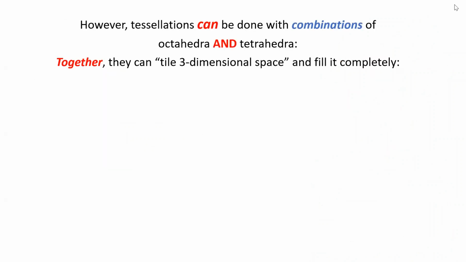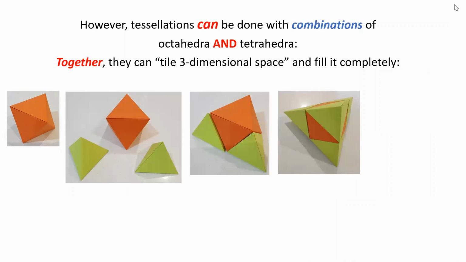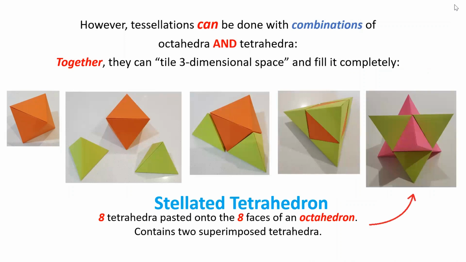So I wondered, can we tile with tetrahedrons and octahedrons maybe together? What I started off by doing is taking an octahedron and pasting tetrahedrons onto its sides, and we see they fit together beautifully. We can even make a stellated tetrahedron.